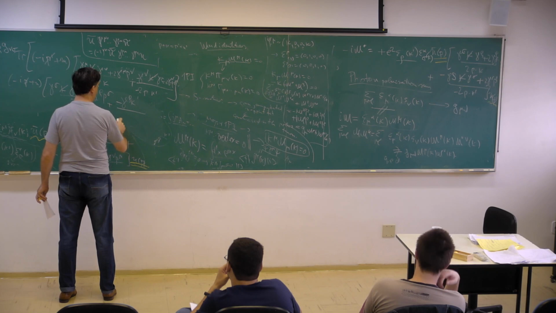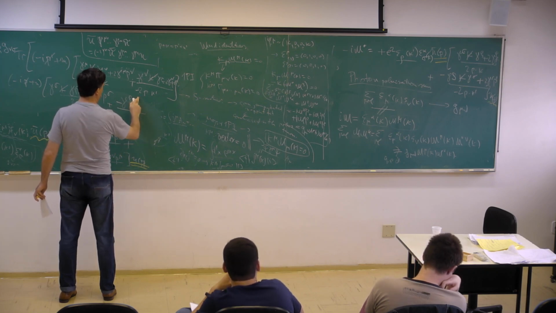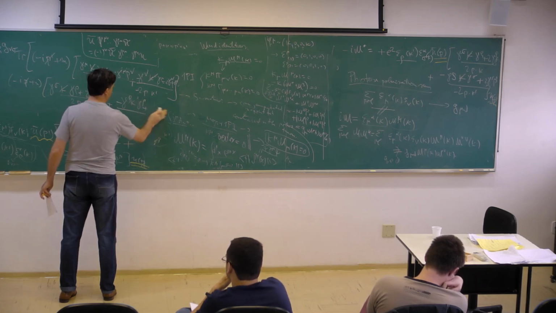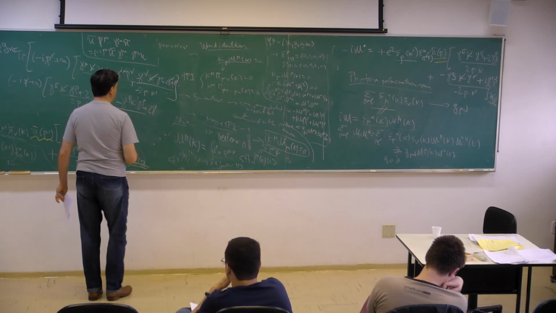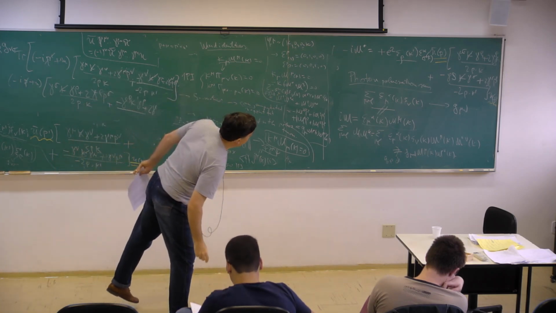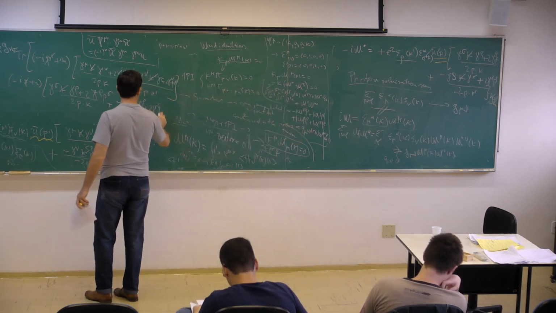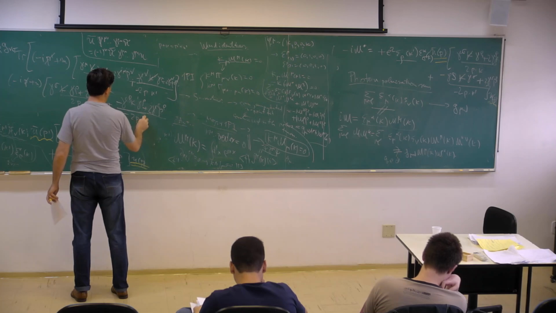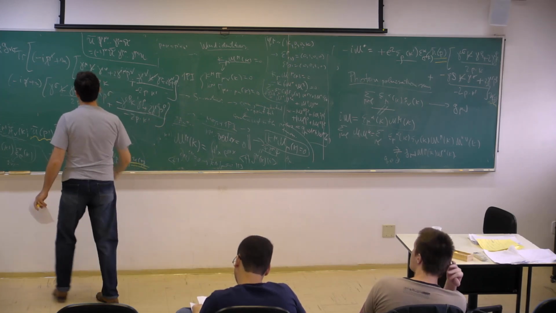Minus downstairs, yeah. So gamma rho k prime slash gamma sigma plus 2 gamma rho gamma sigma p rho, I forget, over 2 pk prime, and that's it.